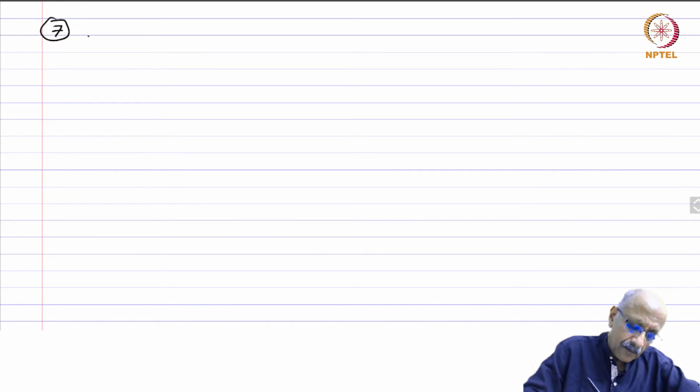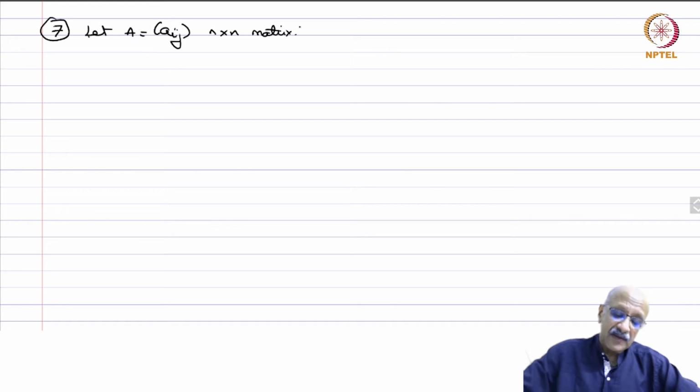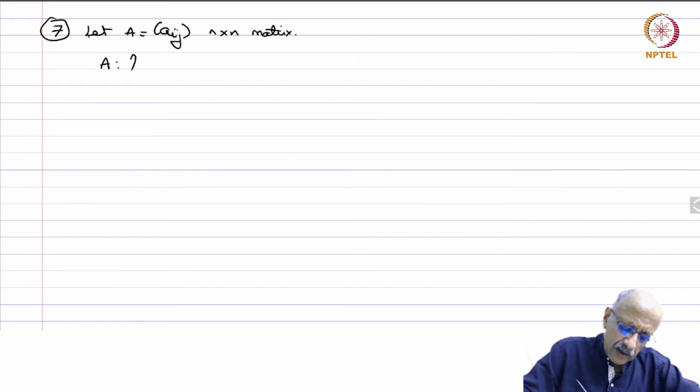And that will finish. So let A be an n by n matrix. Then A defines a linear transformation, and in finite dimensions all linear transformations are continuous. So A defines a linear transformation.